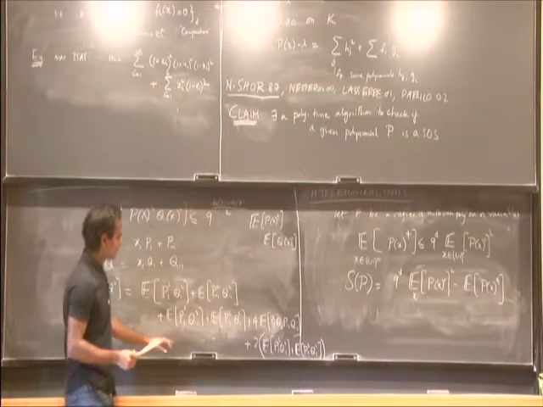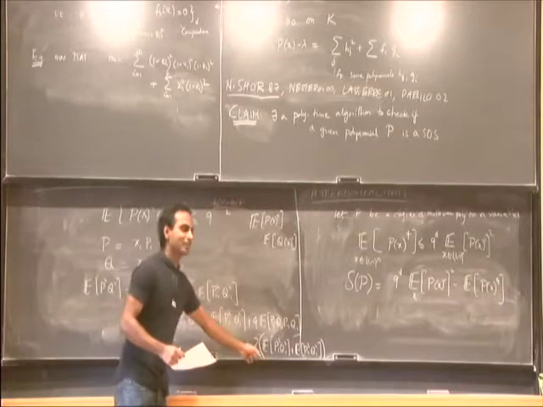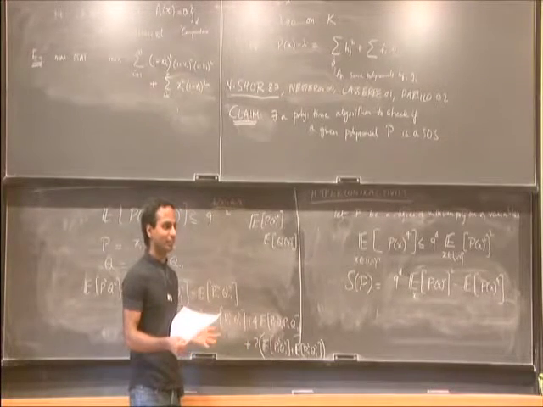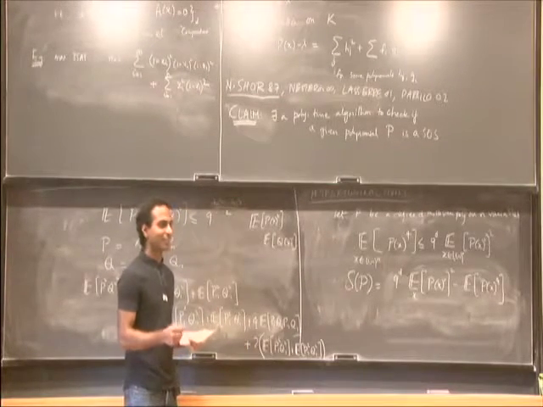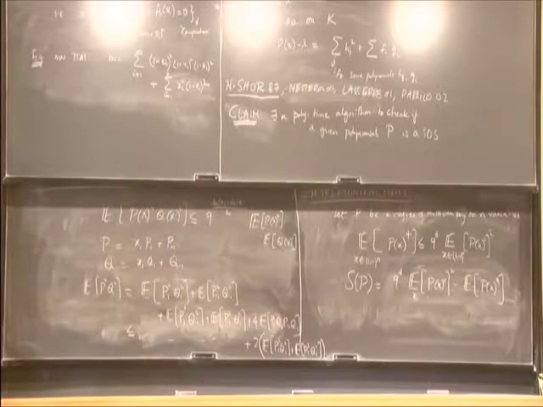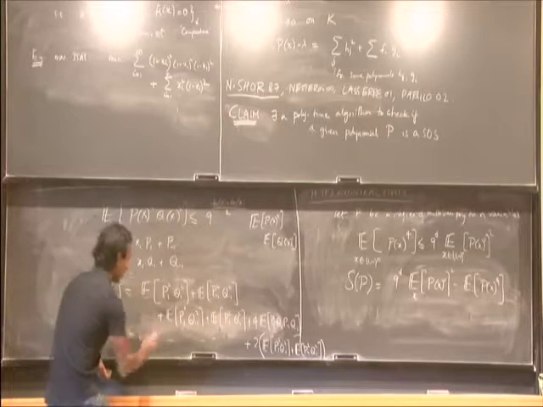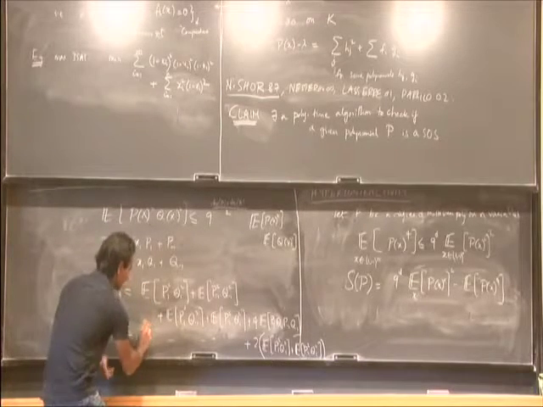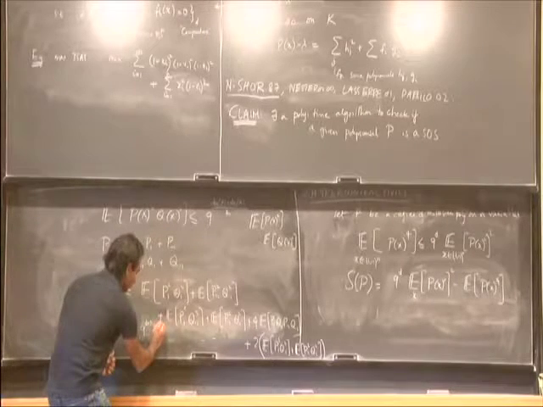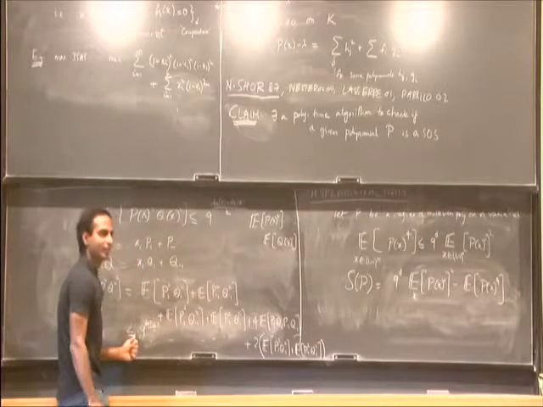The 9 arises because you get a 3 here, and if you balance out the constants, that's what you get. 9 is 3 squared. Let's do one more step. If I use induction, I'll get 9 to the degree of P plus degree of Q by 2.